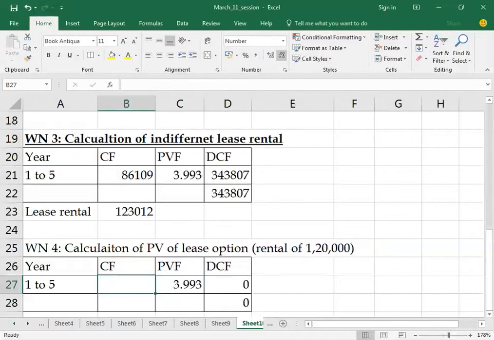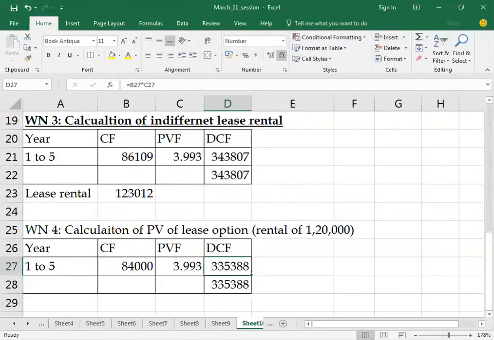What is the rental we are paying now? So 84,000 after tax. Be careful about that. After tax, so 3,35,388 is what I will pay in case of lease option now.